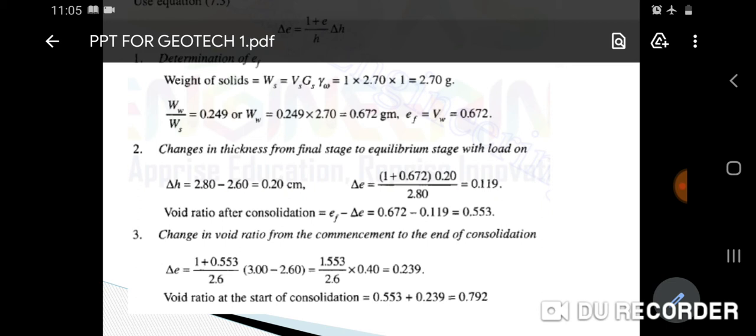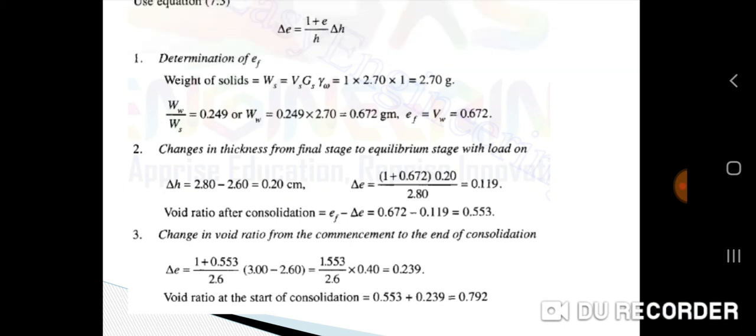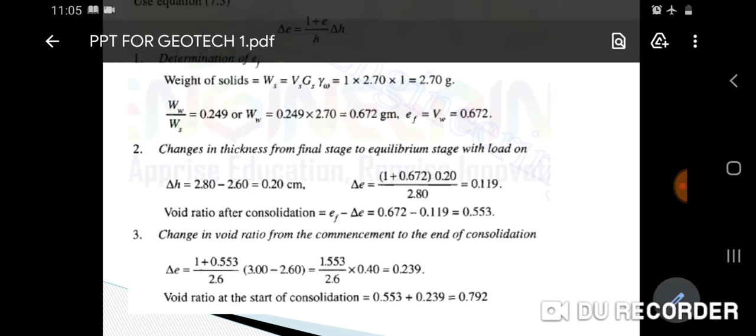Now you have to calculate the overall final values. Again we will be using the same formula for the void ratio of sample, delta e is equal to (1 plus 0.553), which we just calculated as the void ratio after the consolidation, divided by 2.6, because you have applied the load and the thickness has been reduced, multiplied by 3 minus 2.6, which is the change in your height.